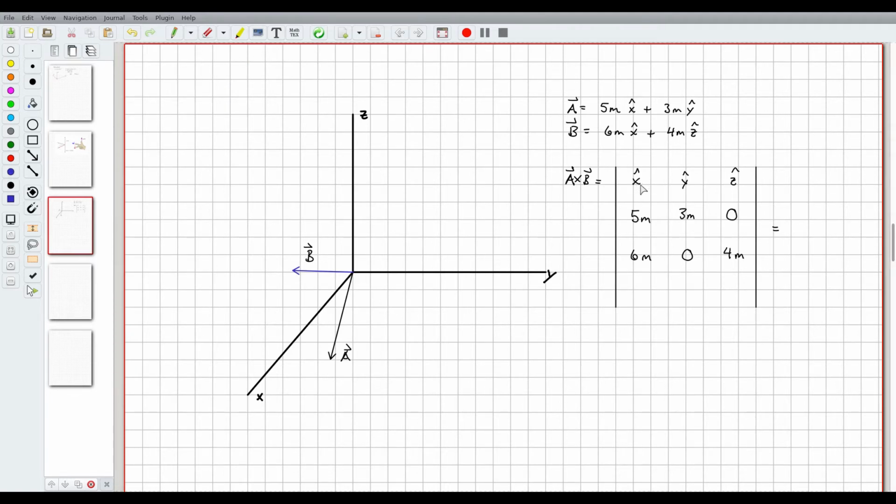To start with, you put your finger over x and you block out the row and the column that x is in. So we'll use these lines right here to do that. This blocks out that column and that row. The next thing you do is to write down x hat.